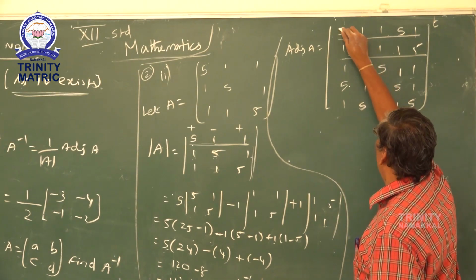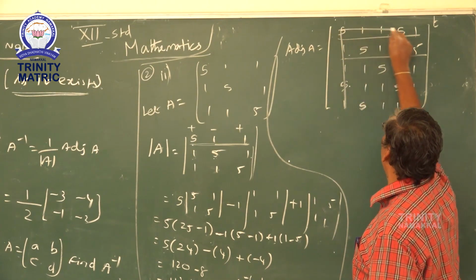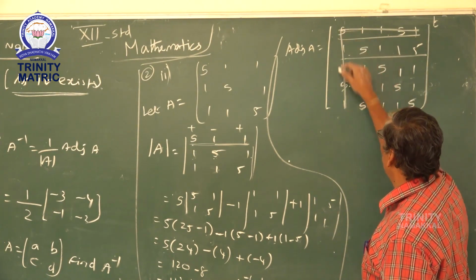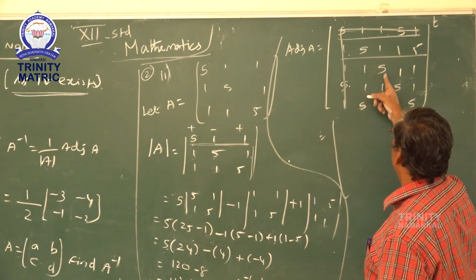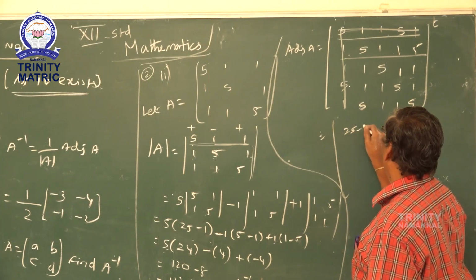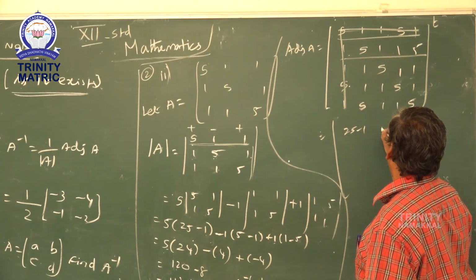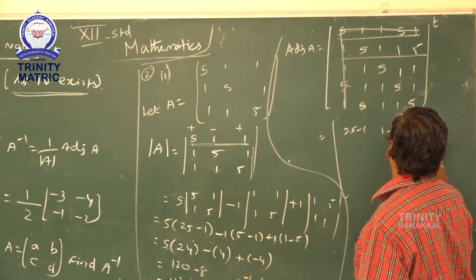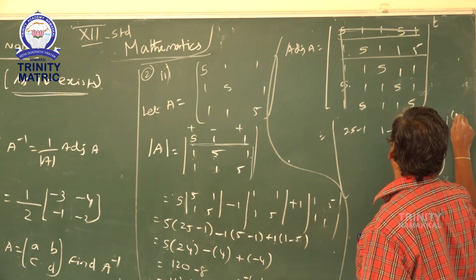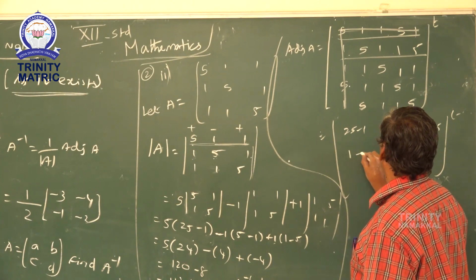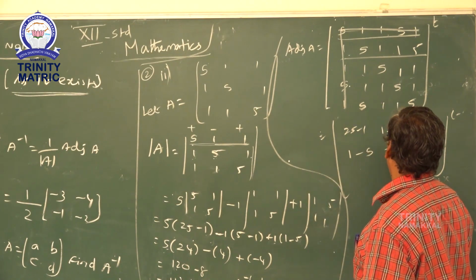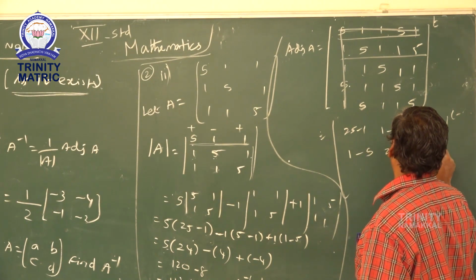Transpose. For that you have to write this first column and then row. Row and column should be eliminated, and then you have to find the determinant value. What is that? 25 minus 1, that is 1 minus 5, 1 minus 5. Next one is 1 minus 5, 25 minus 1, 1 minus 5.